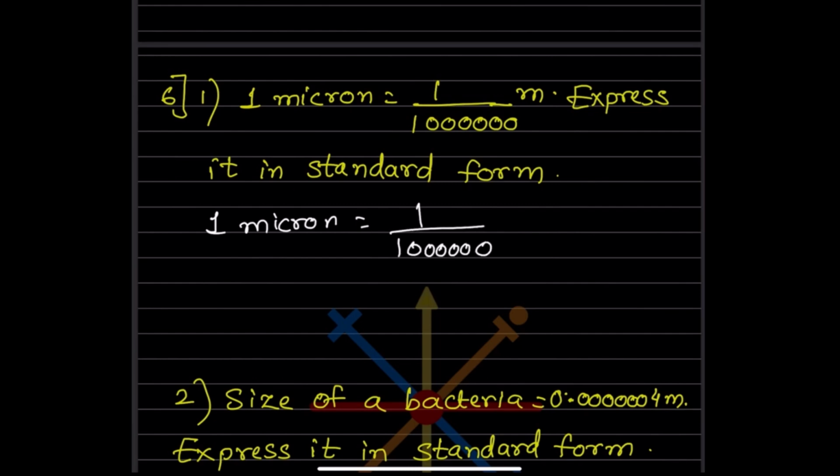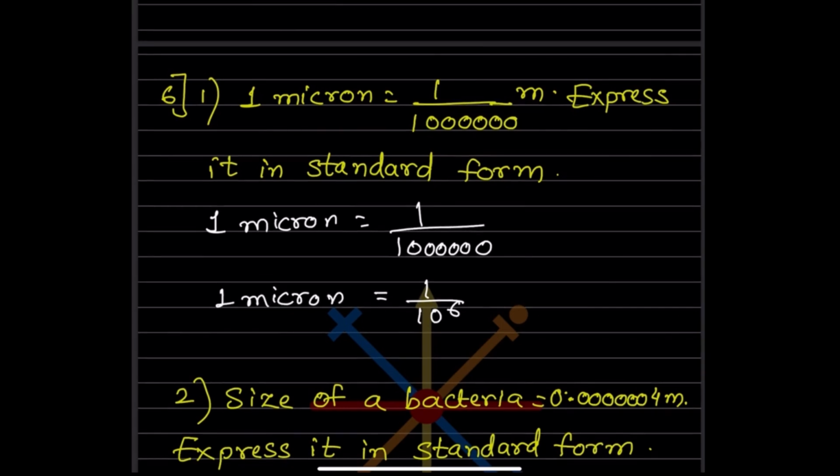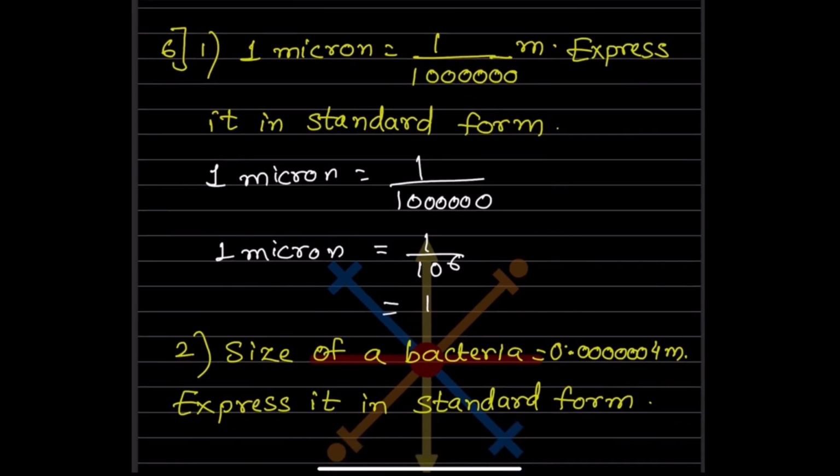So we can also write this as 1 by 10 raised to 6. So now how can we write this in the standard form? We will take this 10 raised to 6 in the numerator, so that will be 10 raised to minus 6. So this is the answer, and this is in meter.